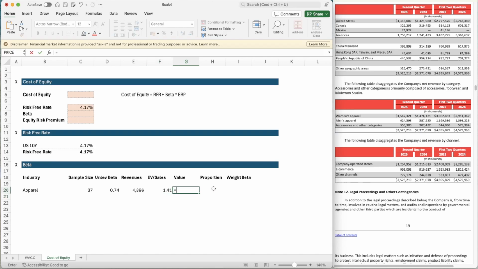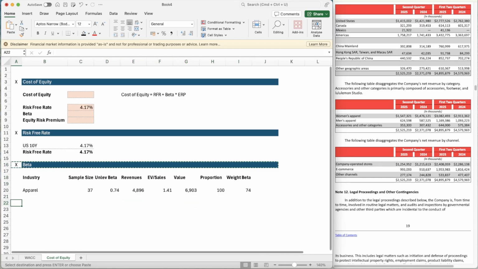So the value of that based on its revenue and the EV to sales is nearly 7 billion. And it would be 100%, meaning the weighted beta. Ideally, we would have had more categories in this. I thought there would be something e-commerce based, rather than it just being solely apparel. But yeah.